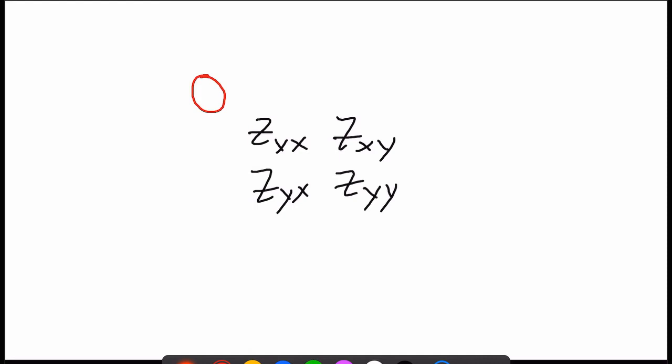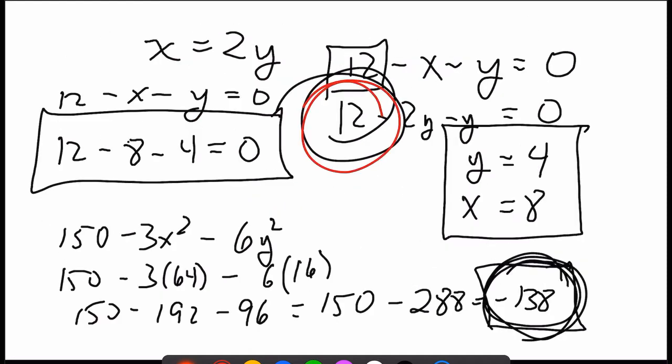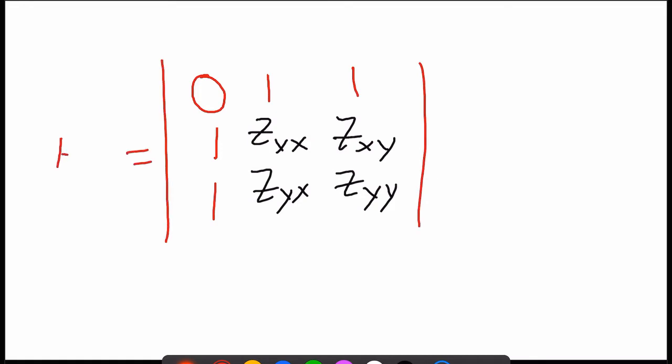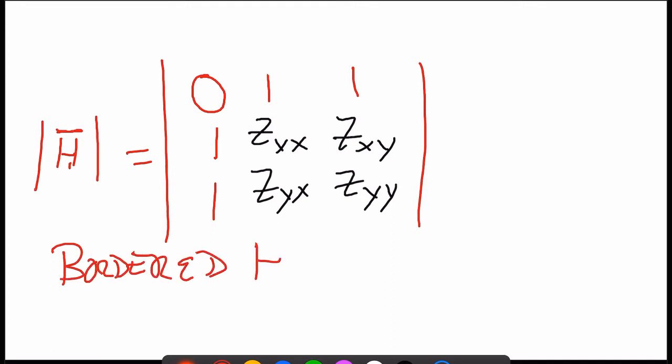Then we put the coefficients from the constraint, and the coefficient there is a 1 and there is a 1, so we put 1, 1, 1, 1. And we put a little h for Hessian with a bar over the top of it. That's called a bordered Hessian.